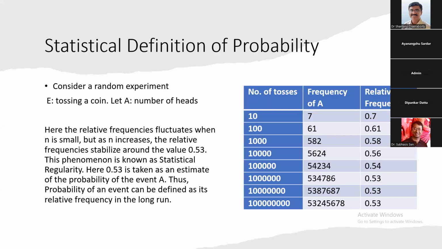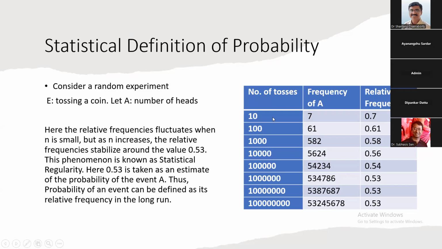And here is an example of distributions. This is a very interesting example: we are tossing a coin, and let A be the number of heads, that is the event. If we toss the coin 10 times, there is a chance that we can get 7 heads, so the probability is 0.7. But if we toss the coin 100 times, the probability is 0.61.